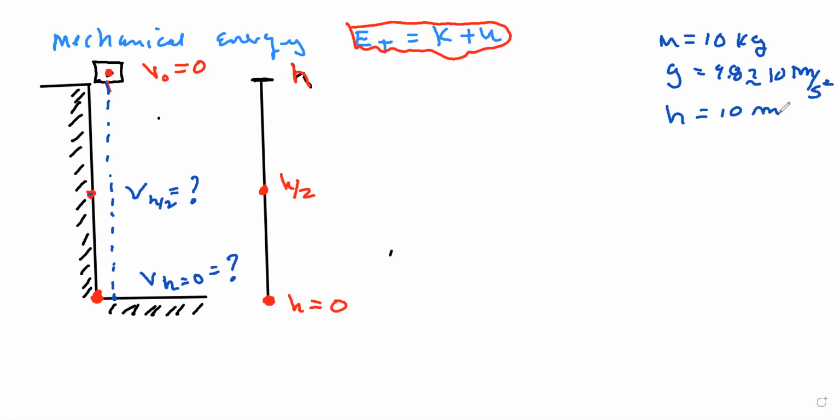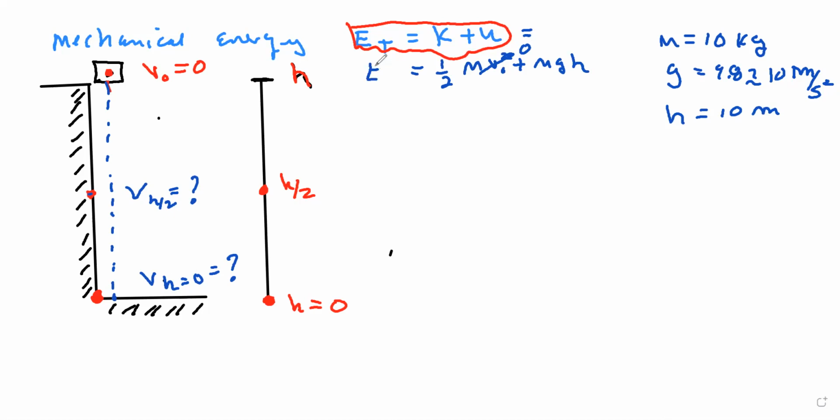So the total energy is going to be 1/2 of the mass velocity squared plus mgh, which is the potential energy. But the velocity is going to be 0 because it's the initial velocity, so this term is going to cancel out to 0.